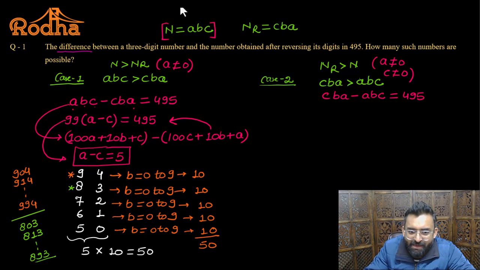We have already understood it's going to be 99 times of C minus A, just the opposite of 99 times of A minus C, which is 495. Okay. So what is C minus A? That is 5. Clear?